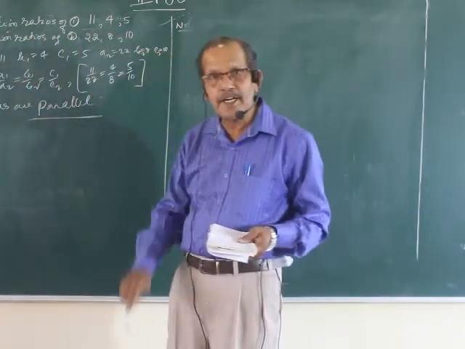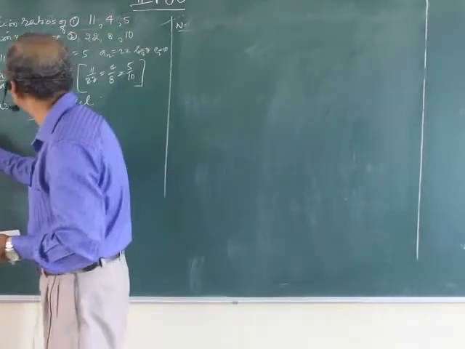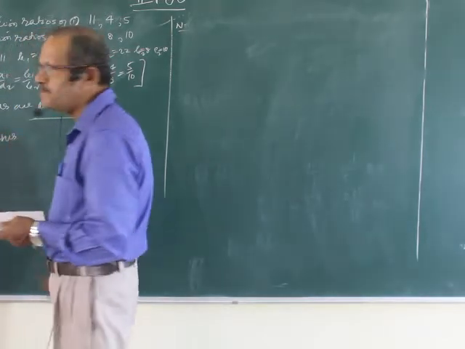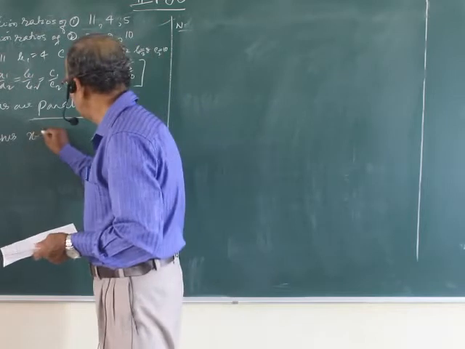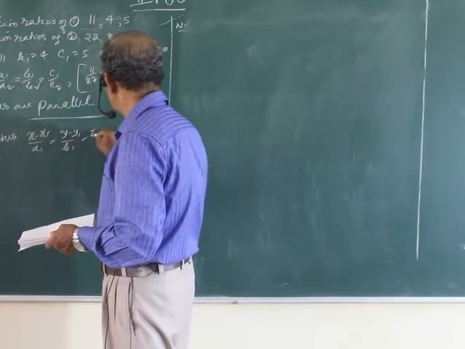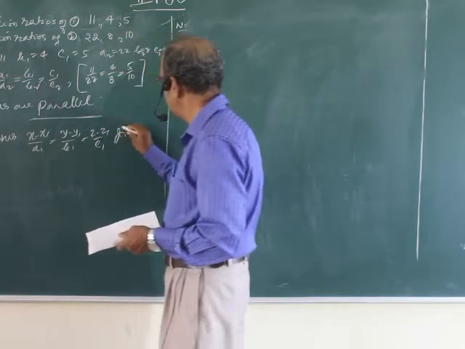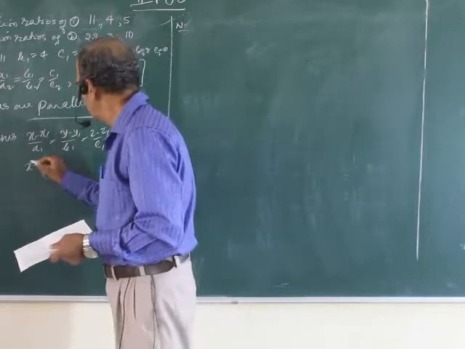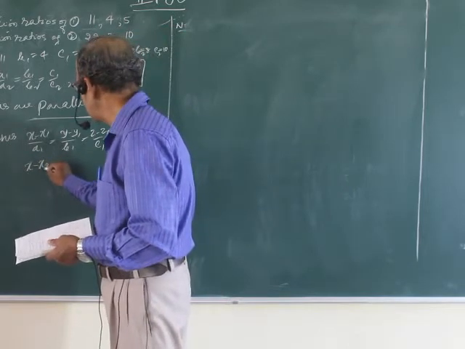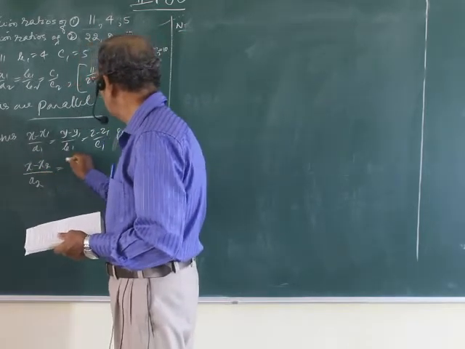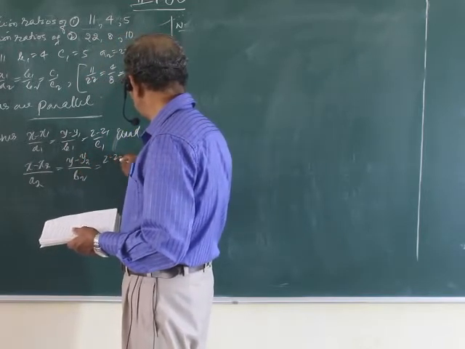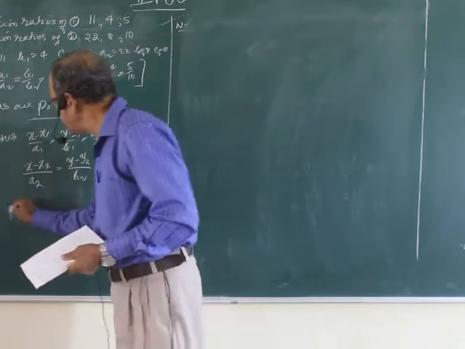If the lines are perpendicular, what is your conclusion? Let me write like this: x minus x1 by a1, y minus y1 by b1, z minus z1 by c1, and another line, x minus x2 by a2, y minus y2 by b2, z minus z2 by c2, are perpendicular.